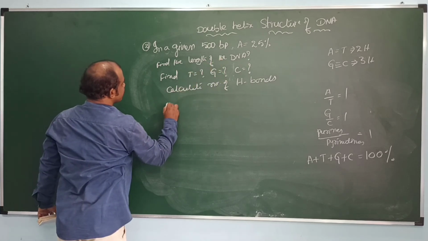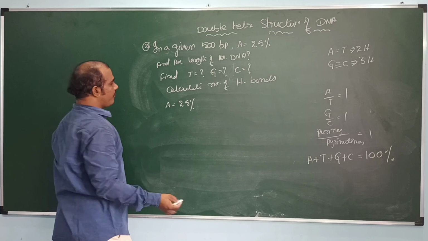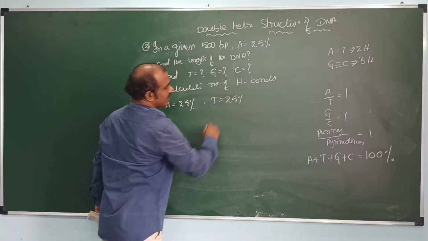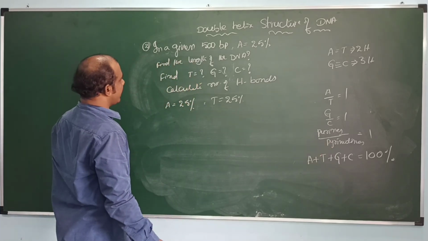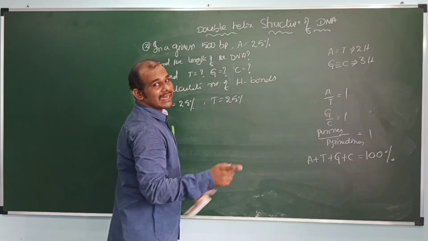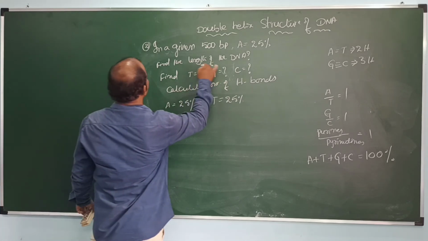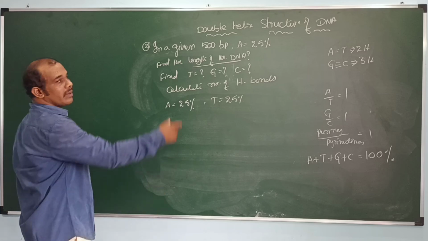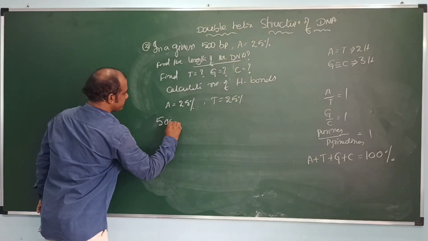So what is the percentage of A? 25%. Obviously T will also be 25% according to Chargaff's rule. The rest of the percentages belong to G and C in equal proportion. Now let us find out the length of the DNA first. How many base pairs are present? 500 base pairs.